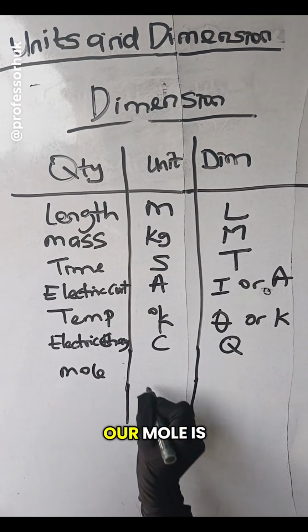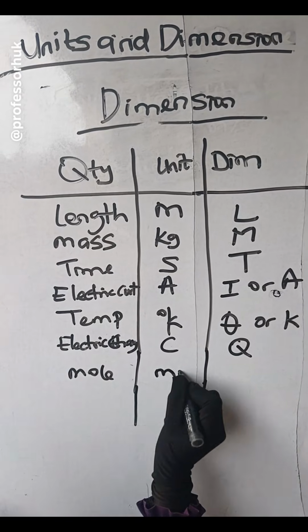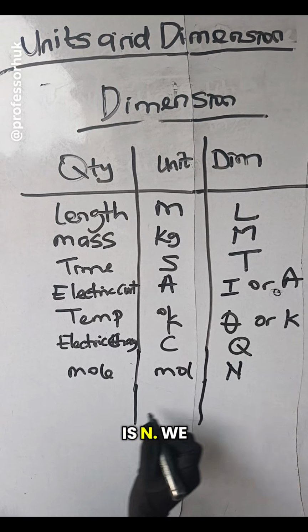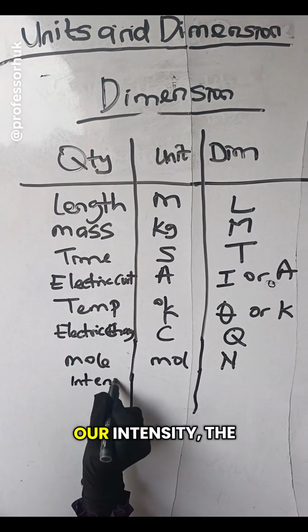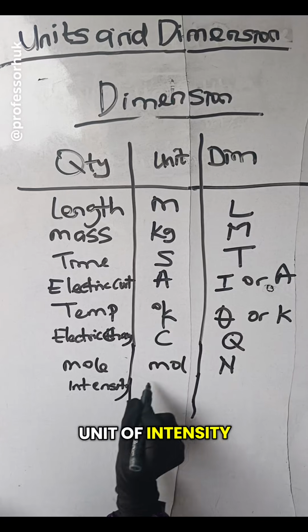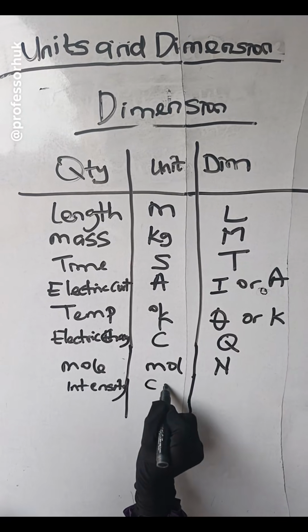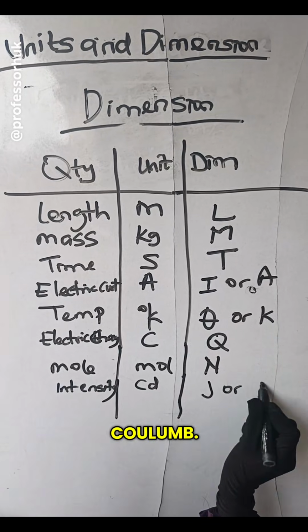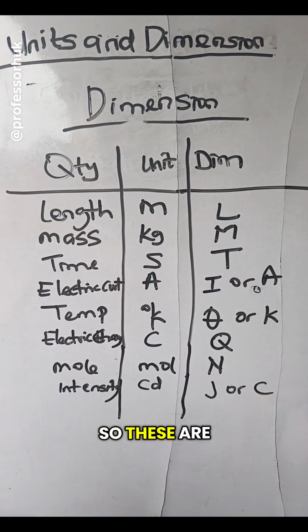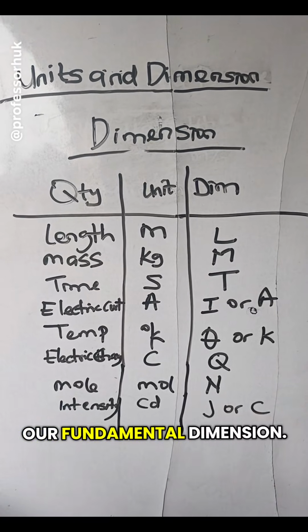The unit of our mole is mole, but the dimension is N. We have luminous intensity. The unit of intensity is candela, but the dimension is J or C. So these are our fundamental dimensions.